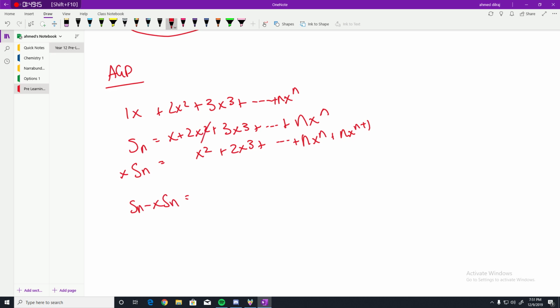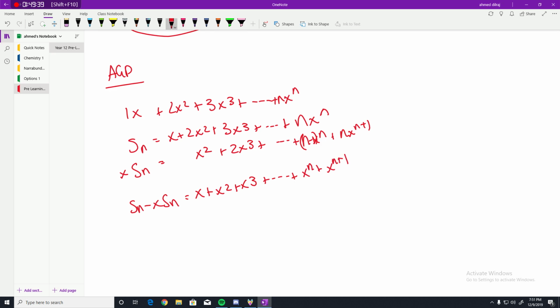When we subtract this, we get x plus x squared plus x cubed plus ... plus x to the n, minus nx to the n plus 1.